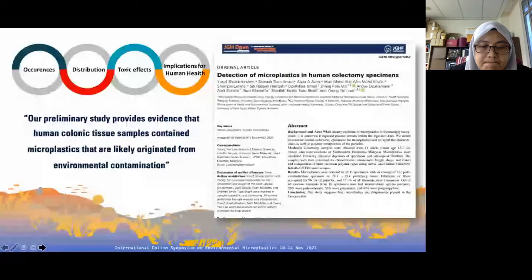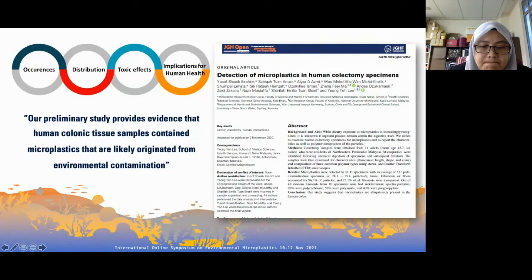This is an example from our findings: we found similar microplastic samples to those found earlier in biota also in human tissues. This is a very interesting topic, because this poses a health risk concern.